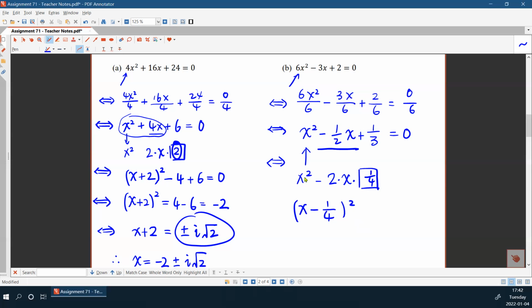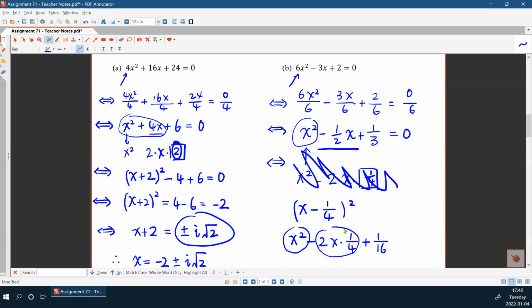Again, if you're not so sure, you can always verify that by expanding it back, right? If you expand it, you will get x squared minus 2ab, which is 2x times 1 over 4, then plus 1 over 4 squared, which is 1 over 16, right? And as you can see here, we have x squared, then -1 over 2 x, which matches.